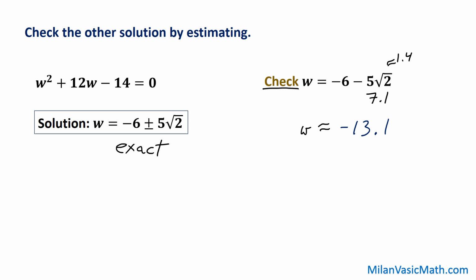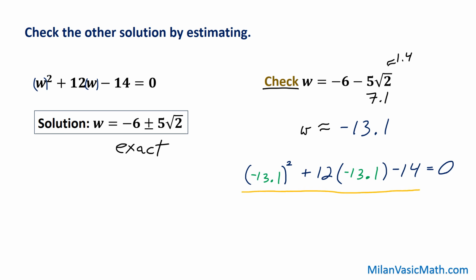And we could substitute that negative 13.1 into our equation, and it's not going to work out exactly, but it will be very close. So let's go ahead and substitute negative 13.1. Okay, so there it is. I substituted negative 13.1, and then I would type in that entire string, if you have a calculator, right into the calculator. Everything from here until the equal sign. So go ahead and do that.